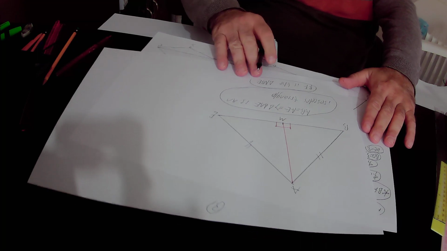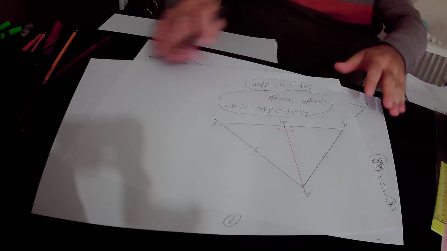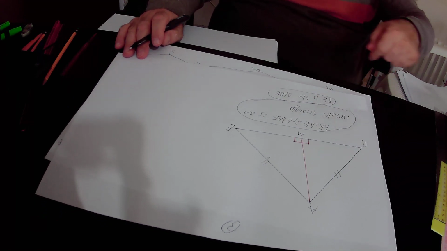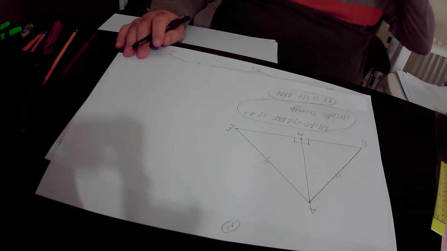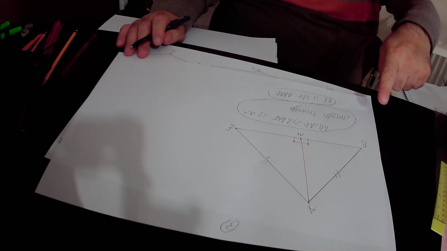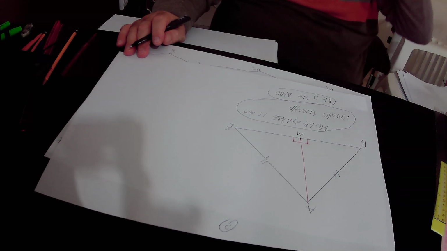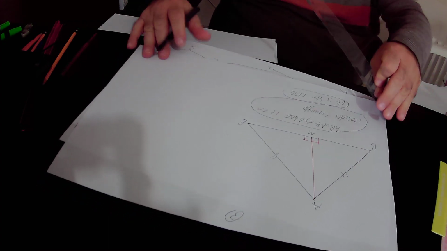And we also know that AM is the height to the base BE. Why is AM the height to the base BE? Because AM creates 90 degrees with the base BE, or AM is perpendicular to BE, therefore AM is the height to the base. So write it down.